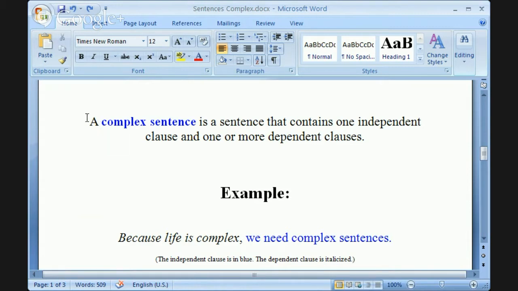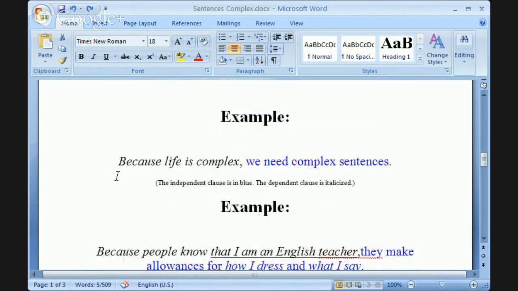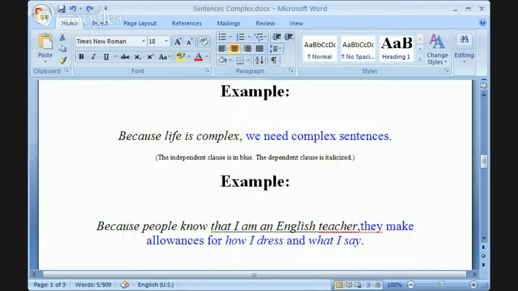Okay. A complex sentence is a sentence that contains one independent clause and one or more dependent clauses. Because life is complex, we need complex sentences. The independent clause is in blue. The dependent clause is italicized.